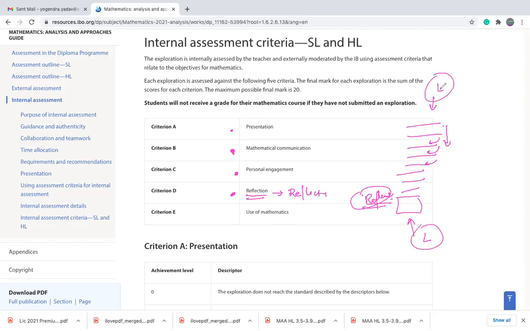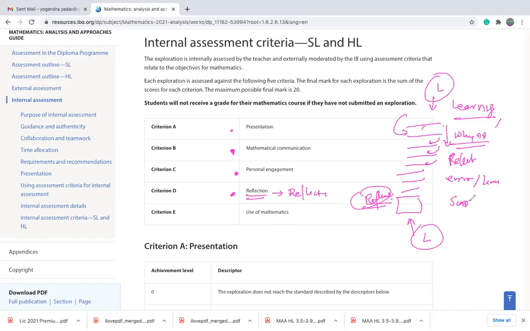It starts with your learning. What did you learn? What are you really proud of, and what approaches did you take? Why did you change or modify the model? Reflect on calculations, on errors, on limitations, on scope.